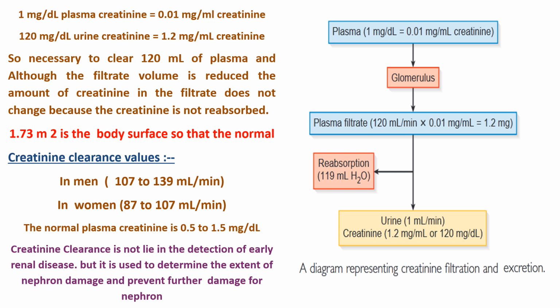As we know, the volume of filtration is 1 ml per minute, so the reabsorption is 119 ml of H2O, and it completes to the renal tubule at 1 ml per minute. Creatinine contains 1.2 milligram, or 120 milligram per deciliter creatinine in the urine.